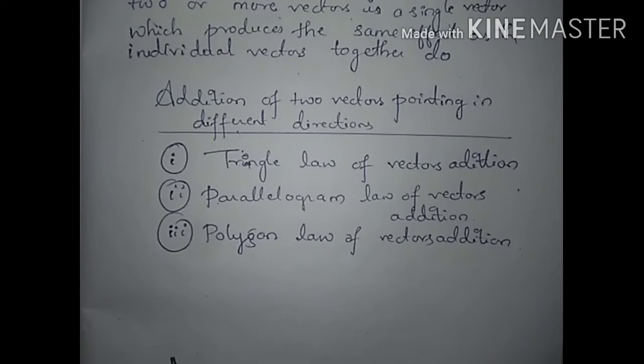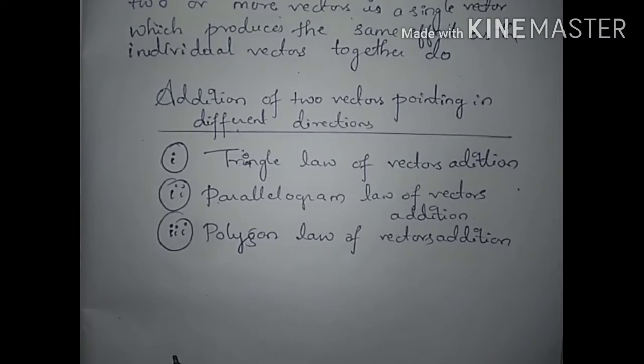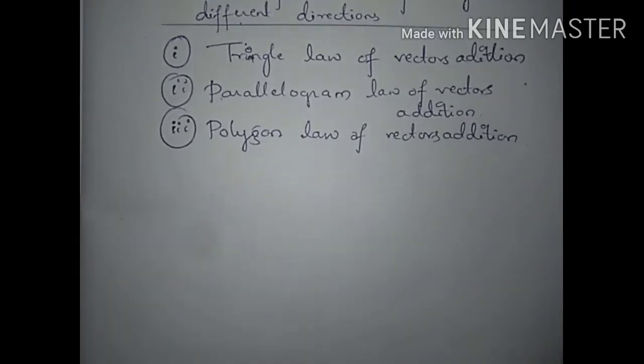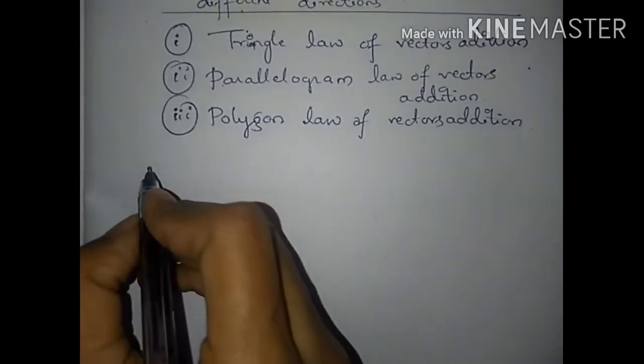These three are important laws, and you will use them in solving problems. So try to understand them thoroughly, so that you can have a clear picture of what the resultant vector will be when two or three vectors are given to you. Now first of all, let us start with the triangle law of vector addition.